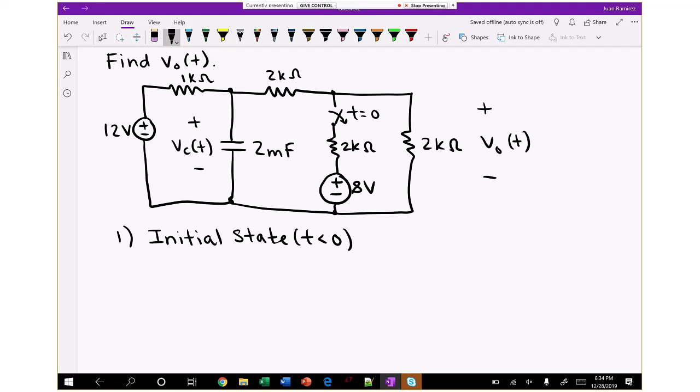And so what we do is we replace the capacitor with an open circuit, again, because we're assuming steady state. Under steady state DC conditions, a capacitor does not have a current through it because the rate of change of voltage is 0, it's steady. And if it has no current through it, it looks like an open circuit.